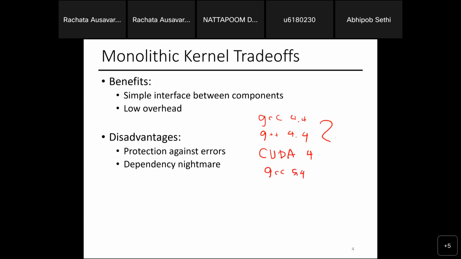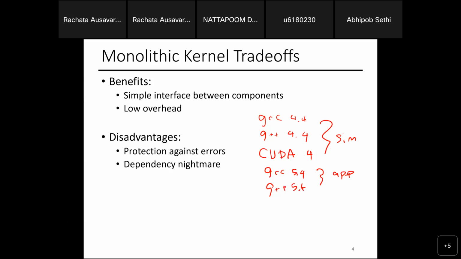This is what my simulator wants, and this is my application that I need to run. What does it mean? Nightmare. I have to compile the application with a version newer than 5.4. Then I compile my simulator with 4.4. And then I need to make sure the compiled application works with CUDA 4 to get everything to run.